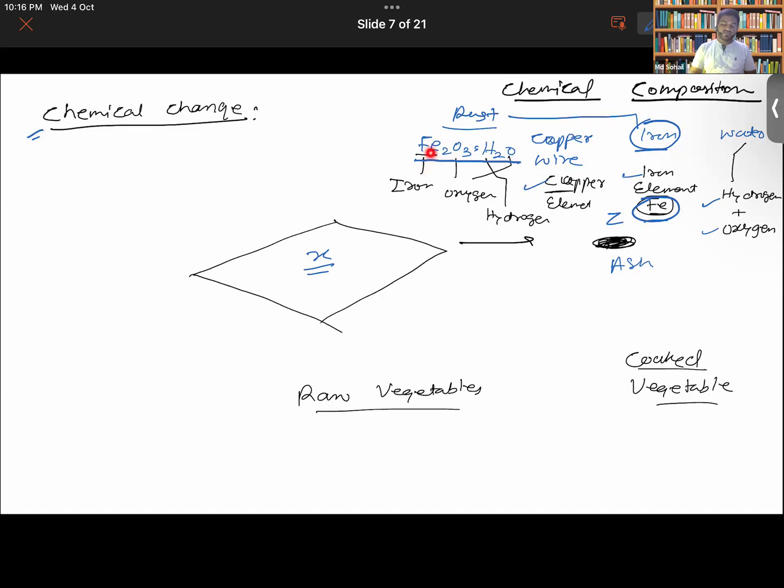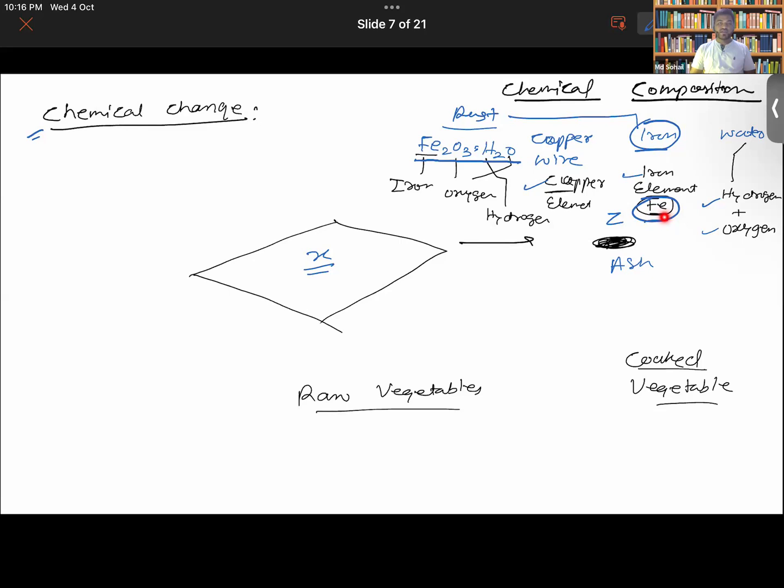This now consists of multiple components in it, right, Abu? क्या क्या components हैं? Please read them. Iron, oxygen, hydrogen, oxygen. Just talking about rust. So originally composition क्या थी? Just iron, right?